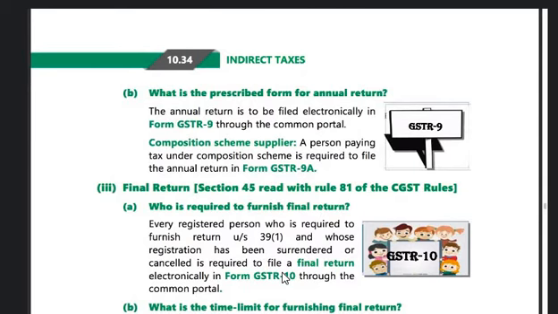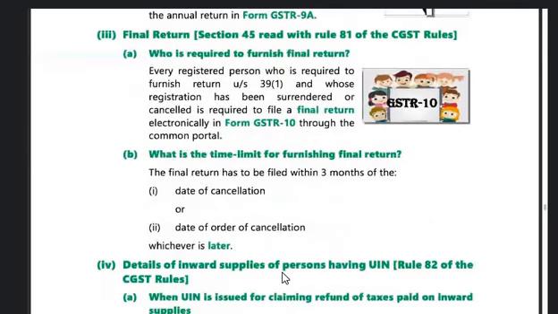And then there is a return called final return, that is GSTR 10. Who should file this final return? GSTR 10 will be filed by those dealers who are cancelling their registration. It has to be filed within 3 months of the date of cancellation.